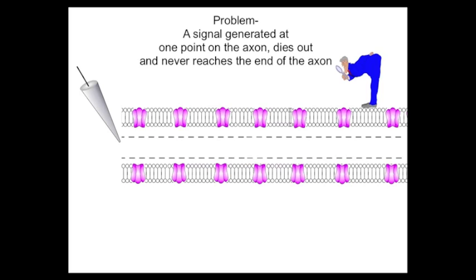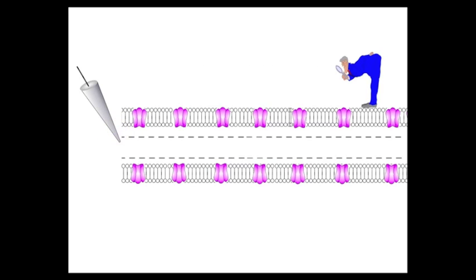And what I'm going to do here is show you Mr. Magoo, who's standing over here to the right, and his job is to detect a signal that's generated by the electrode on the left. And the signal is going to be the ejection of a bunch of positive charges, actually a finite number of positive charges from the electrode. And Mr. Magoo's task is going to be to detect those positive charges that have been ejected by the electrode.